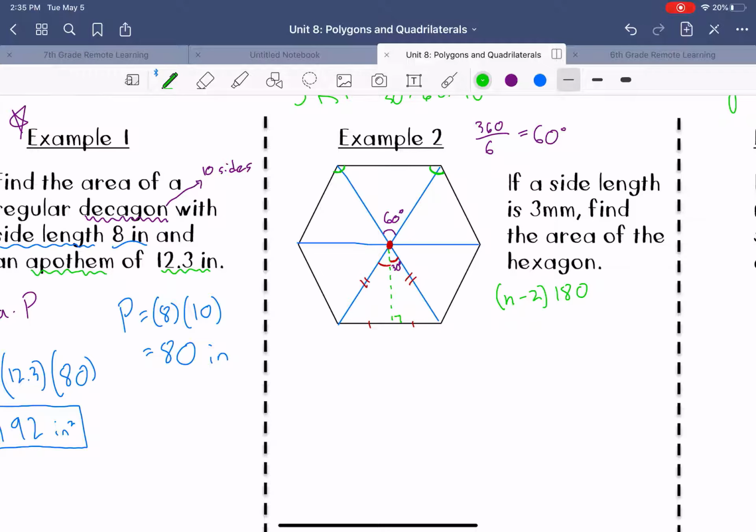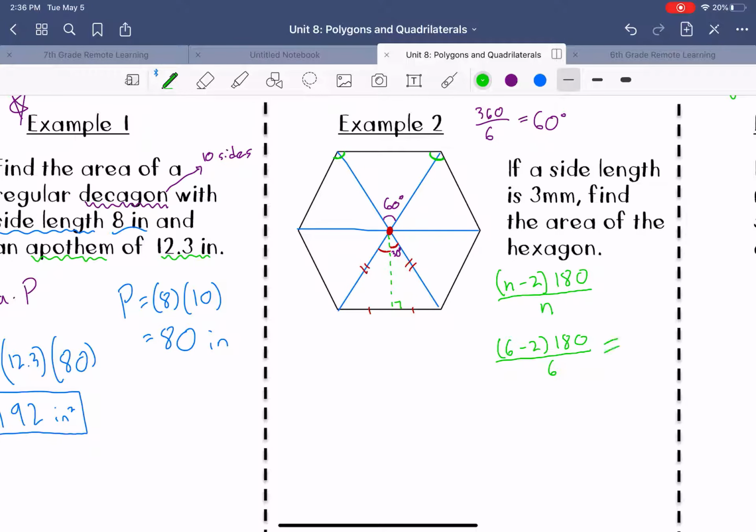Then to find the measure of one angle of a regular polygon, we take the sum and divide it by the number of sides, or the number of angles, since they'll be the same. So for this hexagon, we would do 6 minus 2 times 180 divided by 6. That gives us the measure of one interior angle, and we find that it is 120. So this green angle right here is 120 degrees.